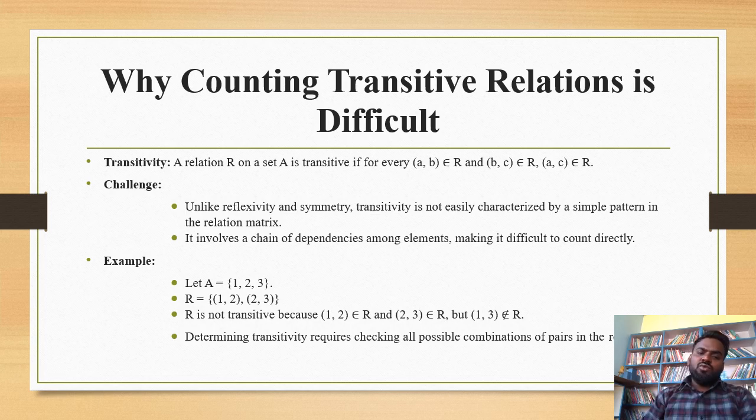As the number of elements increases, you have to check all the possible combinations, and it's not easy, because in a relation there are n square ordered pairs. For example, with n equals 2 there will be 16 different relations, and checking them will be quite a lengthy process.